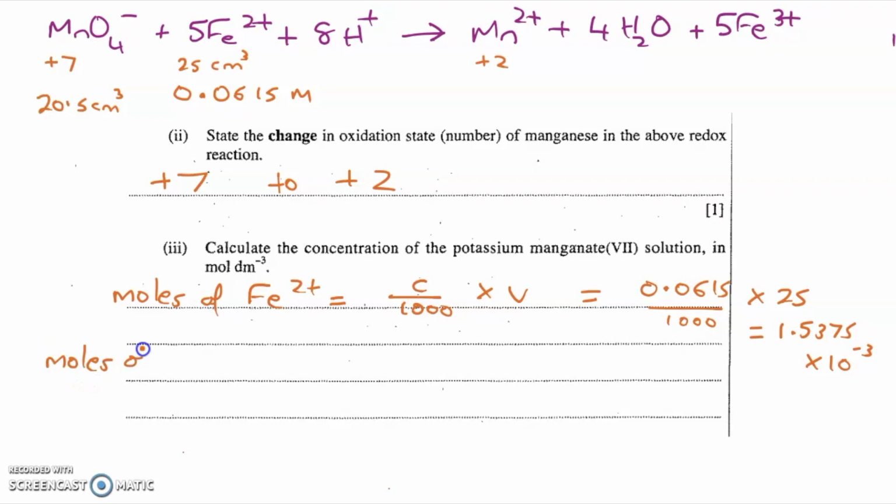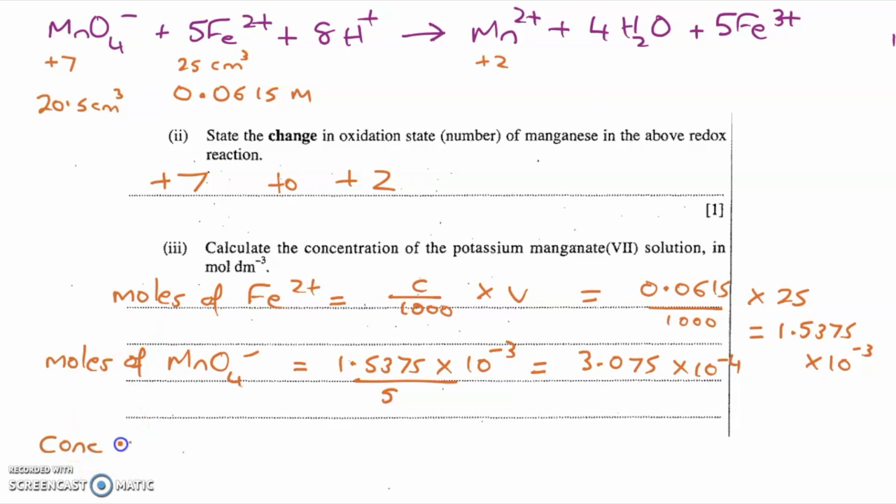Now, to work out the moles of MnO4 1-, and remember I need this to work out the concentration of the MnO4 1-, or the potassium manganate 7 solution, I need to use my equation to find the ratio. So as it's a 1:5 ratio between MnO4 1- and Fe2+, I divide the moles of Fe2+ by 5 to work out the moles of MnO4 1-.